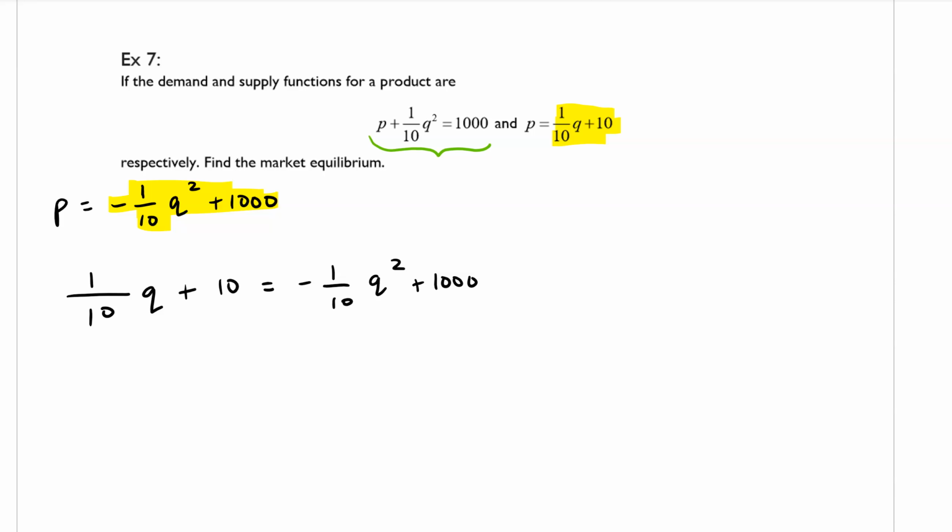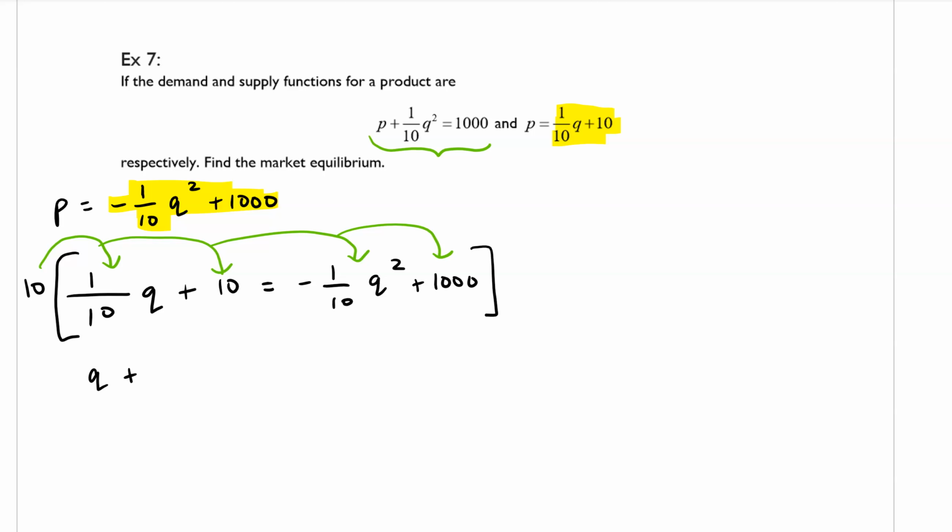Now, I'm not a big fan of fractions, so in order to get rid of the fractions, I'm going to multiply every term by 10. So I'm going to distribute 10 and multiply it to each term. And if I do that, we get Q plus 100 equals -Q squared plus 10,000.